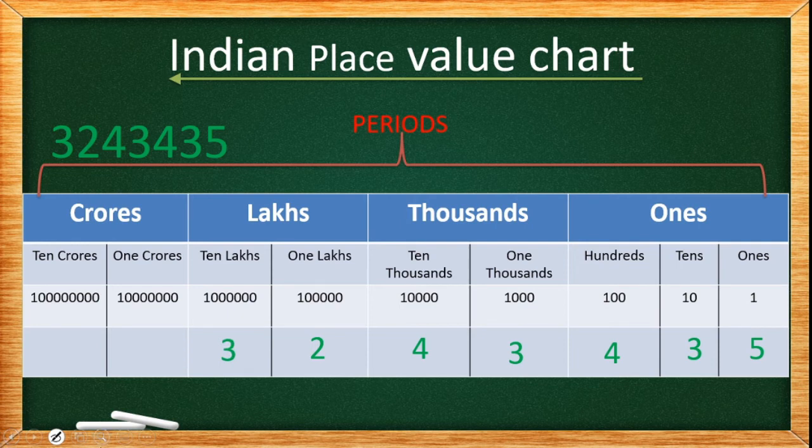So this is 32 lakhs, 43 thousands, 400s and 35. So how can we separate periods here? After first 3 places, put one comma, then next 2 places, we have to put another comma.